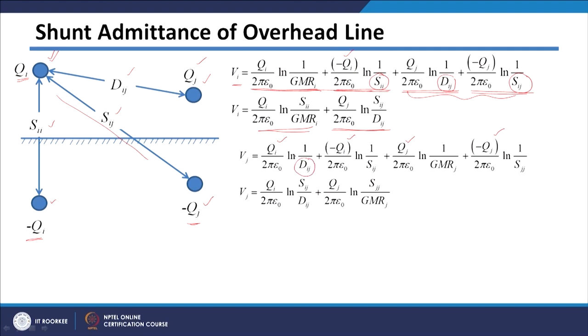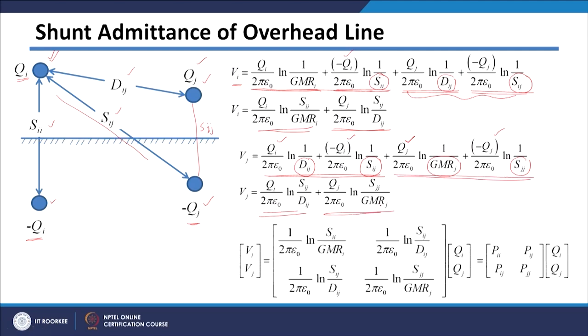This is the distance of J with respect to I, this is the distance of J with respect to the image of I, this is the GMR of its own conductor because this voltage is due to its own charge, and Sjj is for the voltage due to its own image, so the distance will be Sjj here. Again, if you take the logarithmic terms together, you will get this term here, and if you take these two logarithmic terms together, you will get this term here.